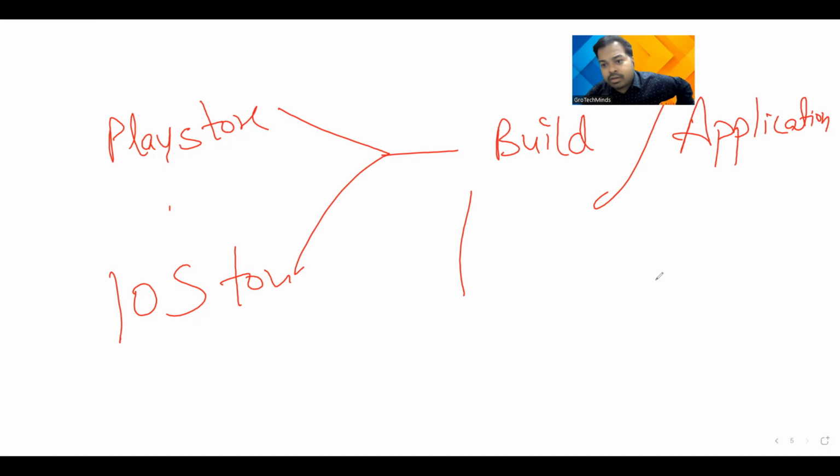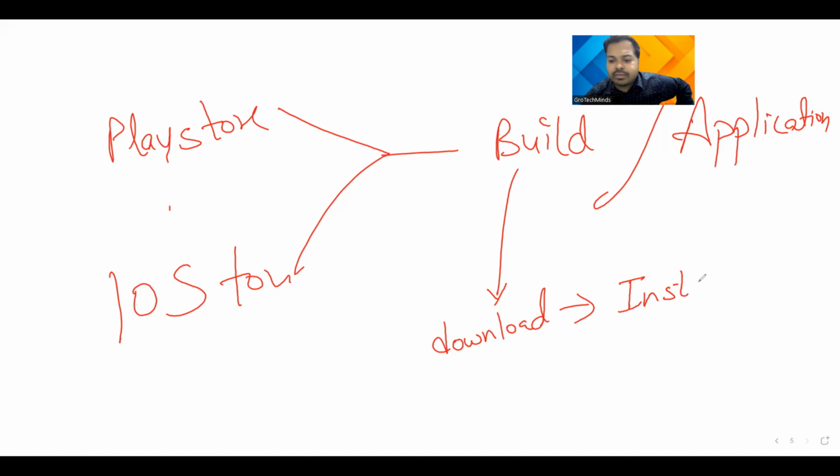So what do you download, build or application? Build. You download the build, because after downloading, your operating system is designed in such a manner that the moment you download anything from the Play Store or iOS Store, soon after it will start installing. Why is it getting installed? To make it a beautiful application, right?